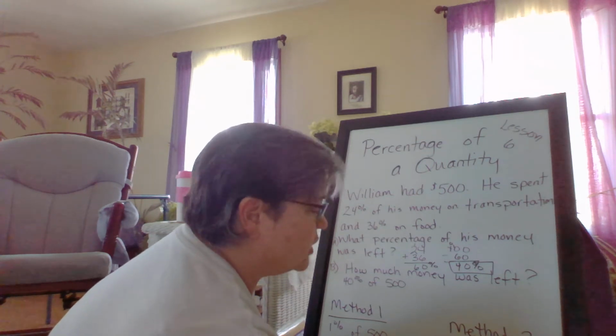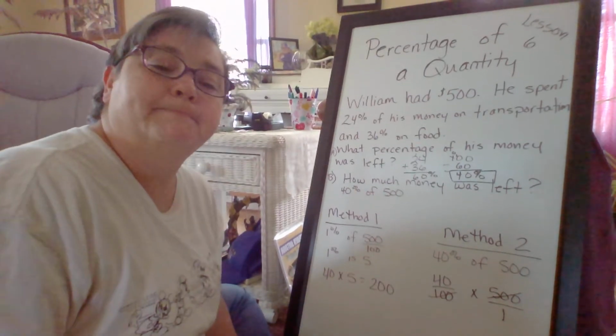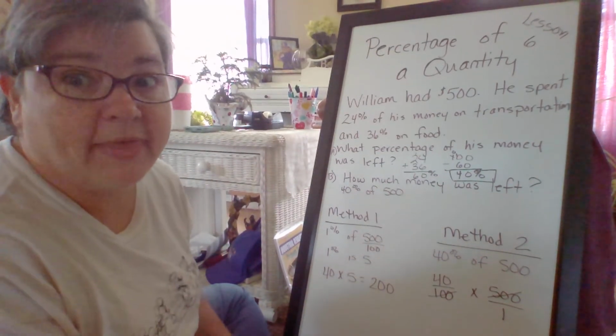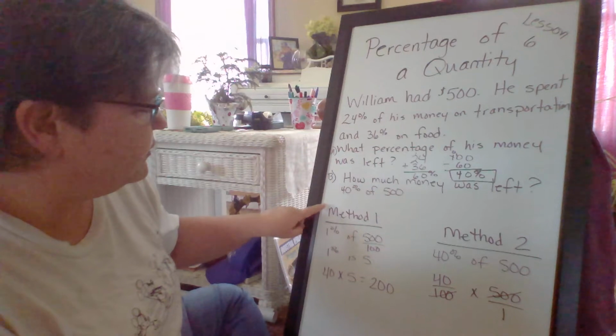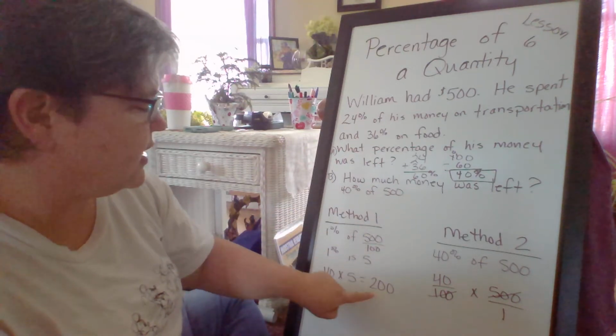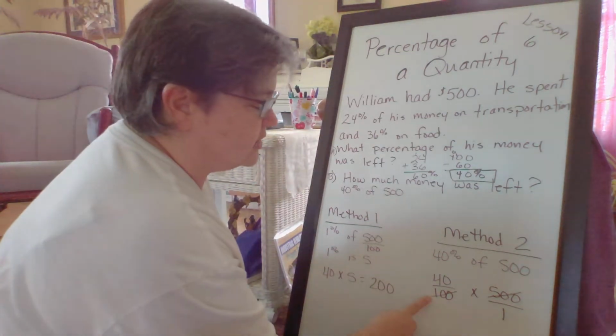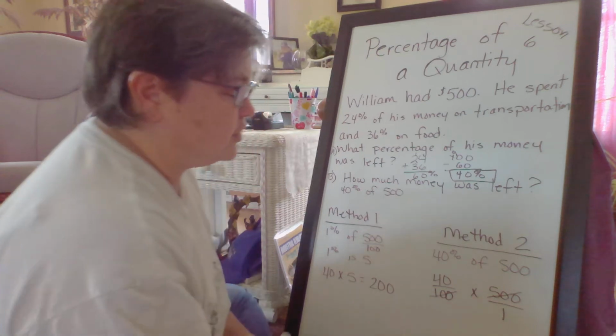We would cross reduce. Over here, method 1, I found my 1% is 5. 40 times 5 is 200. Over here, I'm just writing 40% as a fraction, times 500 over 1.